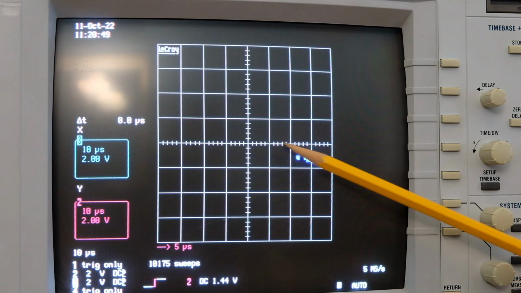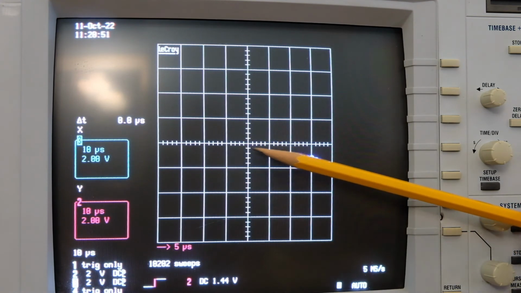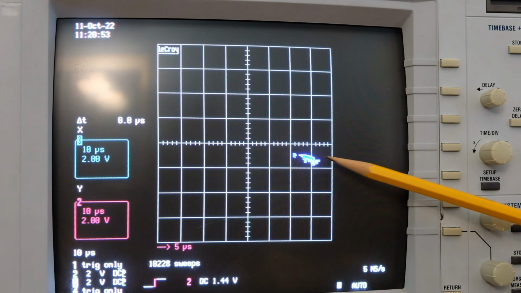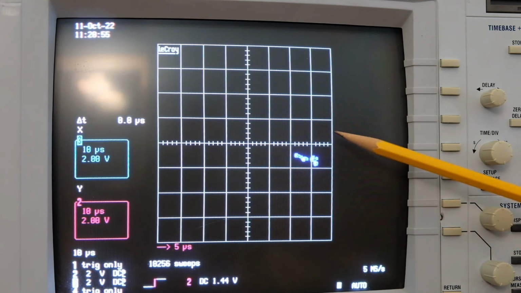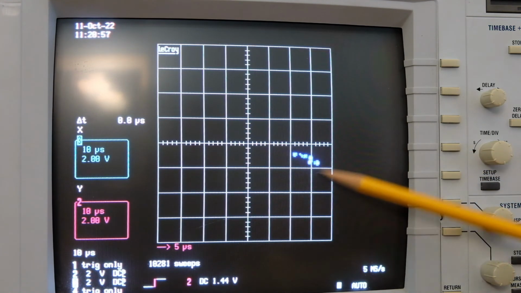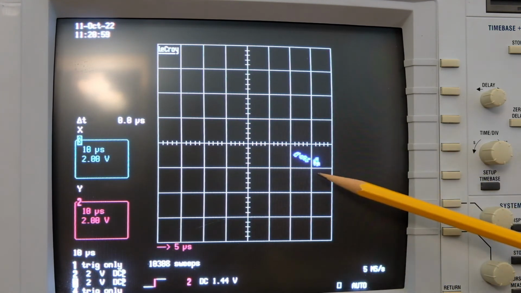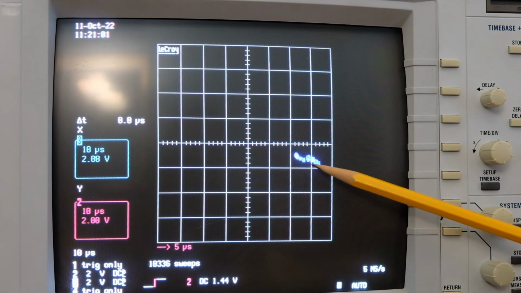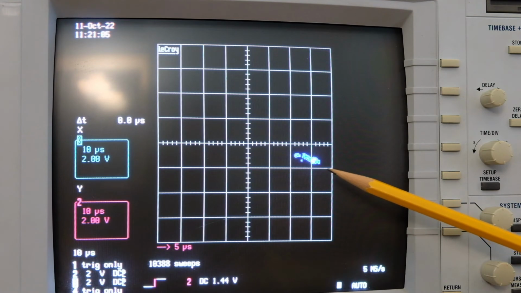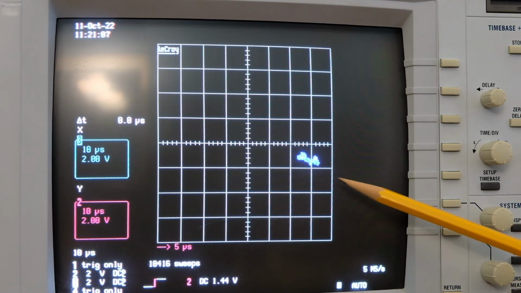Again, the phase is moving along this axis. That means it's not changing that much. The phase moving would be in this circular direction, but it's actually moving in the polar direction, which is along the axis of the same phase angle, whereas the amplitude is changing significantly.